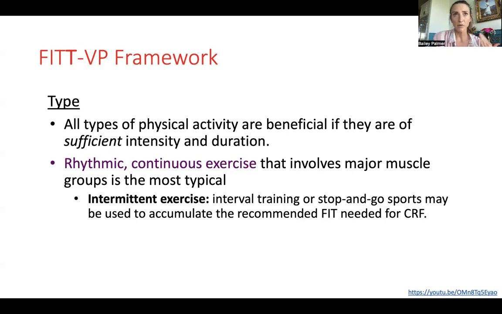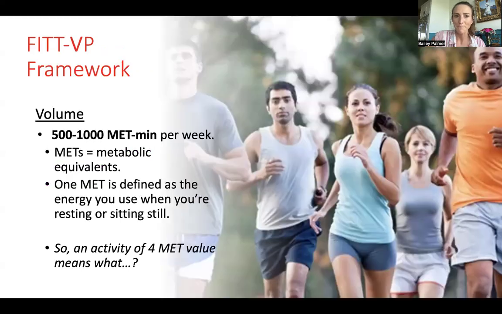This would be stop and go sports like soccer or football or basketball, or any sport where there's a high intensity activity period and then a short aerobic recovery period, and then high intensity, short aerobic recovery. So the stop and go. So yeah, that is our last T for type.